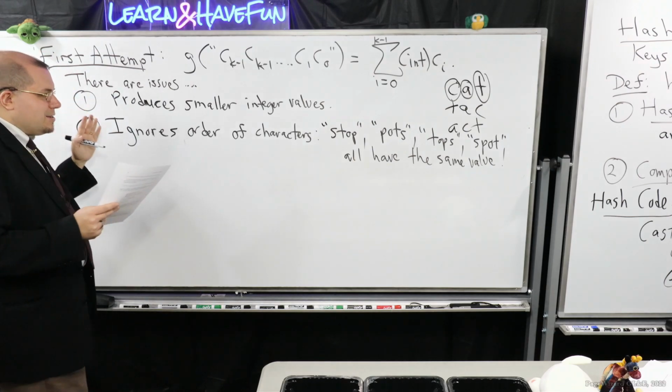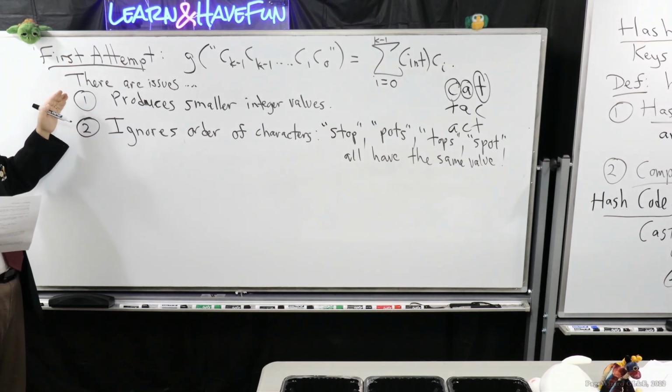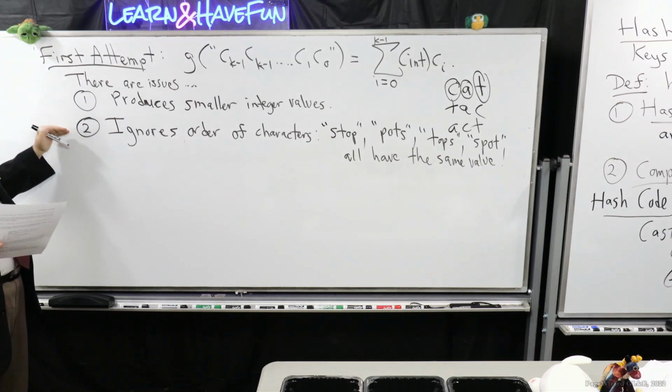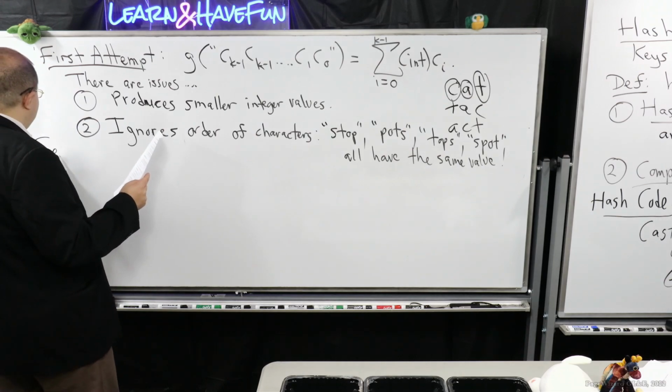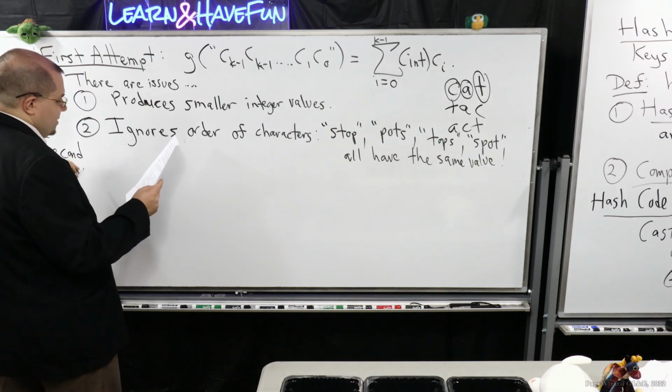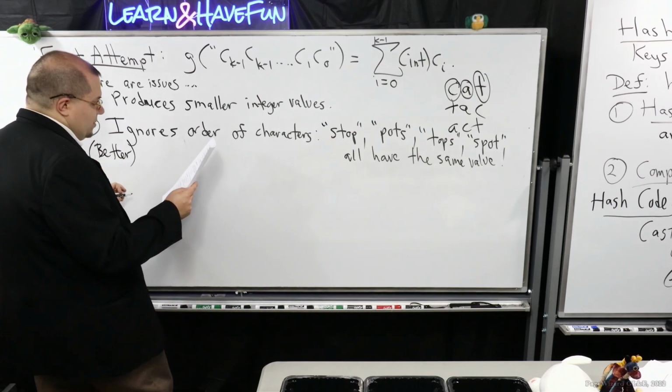So what I would like to do is address both of these issues. What I'm going to propose is a way to resolve both of these issues, or at least try to alleviate them. So here's a second, better attempt. This is a pretty common way of doing this.